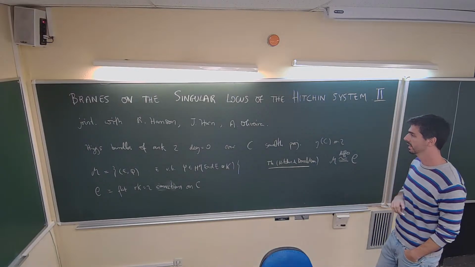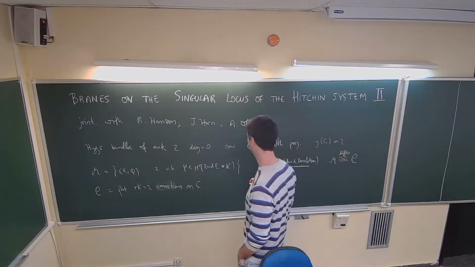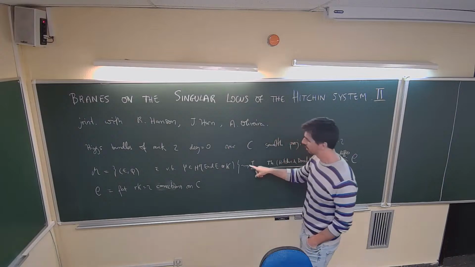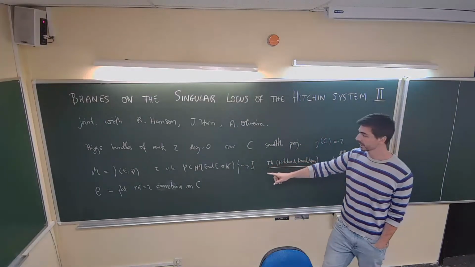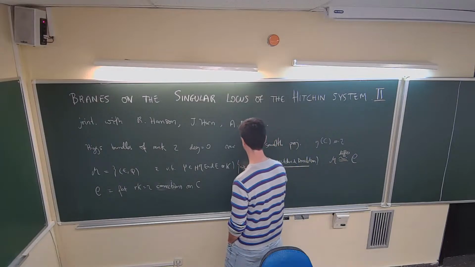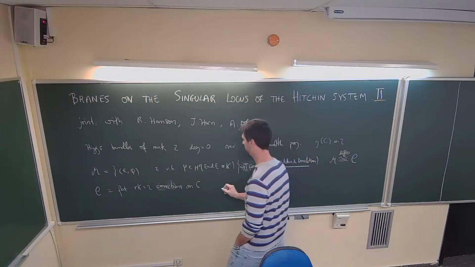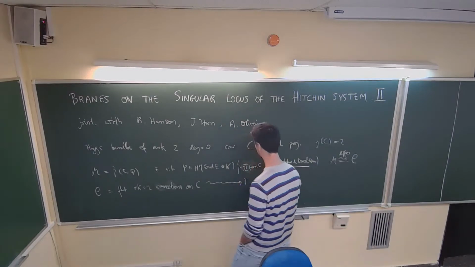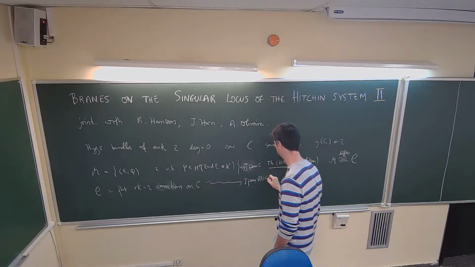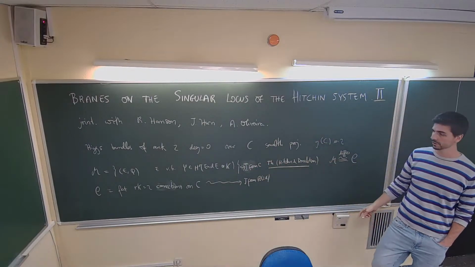In this case, one can see that this comes equipped with a complex structure I, which comes from the curve, and this comes with another complex structure, J, which comes from the group GL2C, the structure group of all these Higgs bundles and these flat connections.